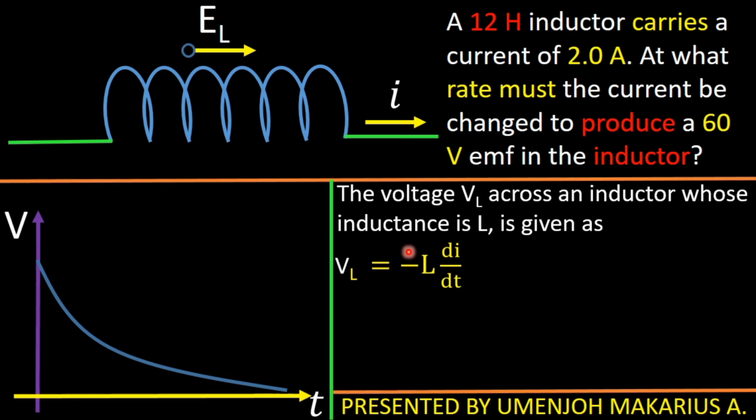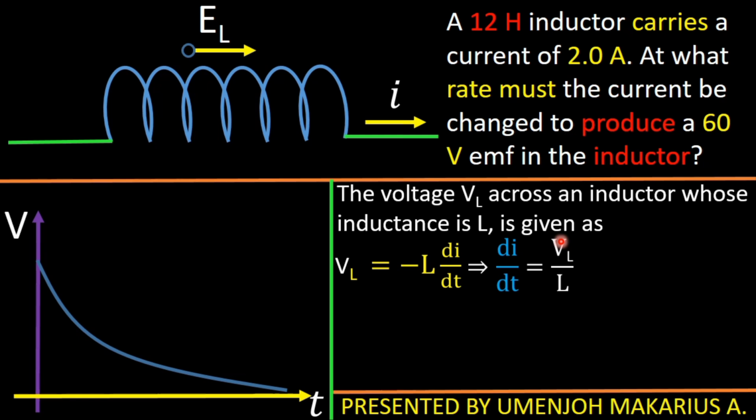Friends, this negative sign is just to tell you that the voltage across the inductor decreases with increase in time. So now it means that if we make di by dt the subject, we are going to have di by dt equal to V_L over L. We keep the negative sign aside since we are much interested in the magnitude of our answer.